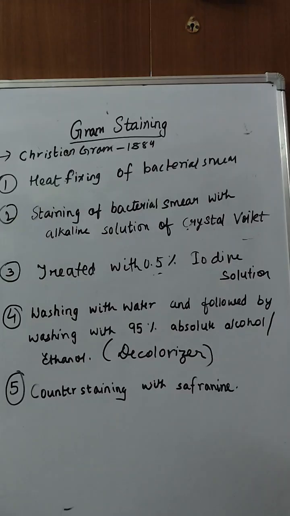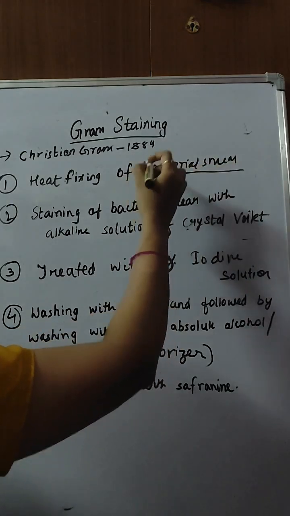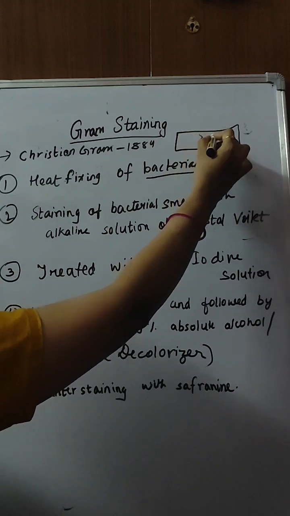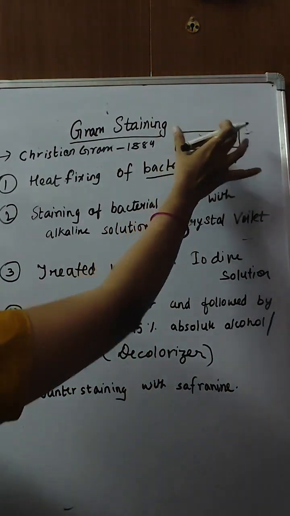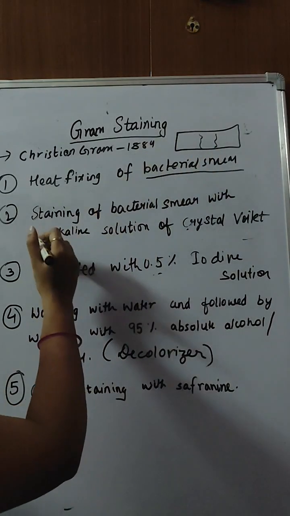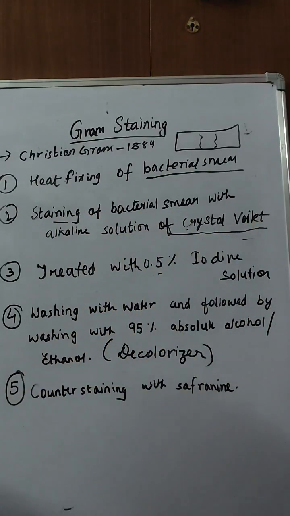First of all, we are going to make a thin smear or bacterial smear on a slide, and we are going to heat fix this smear. After heat fixing of this bacterial smear, we are going to stain it with an alkaline solution of crystal violet.